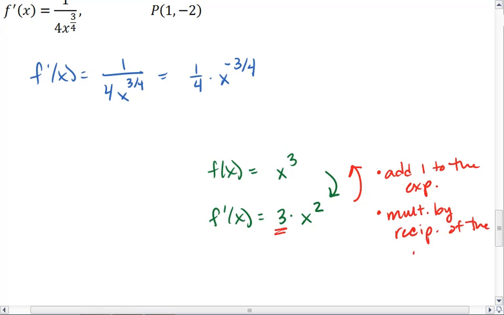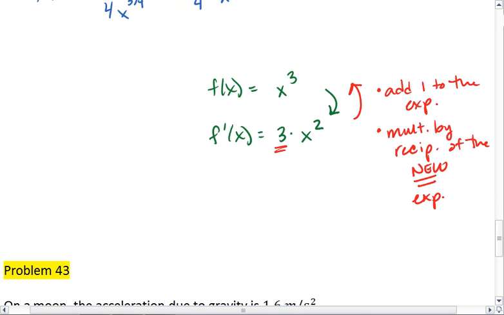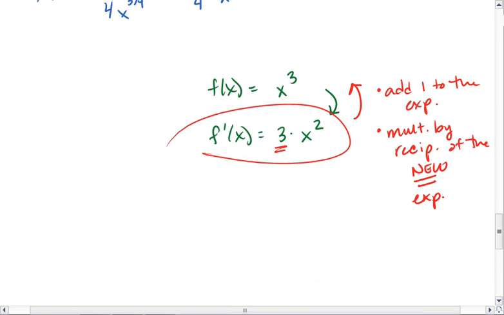of the new exponent. For example, if we were just given f prime of x equals 3 times x squared, then to go backwards, we add 1 to the exponent, so it becomes x cubed.